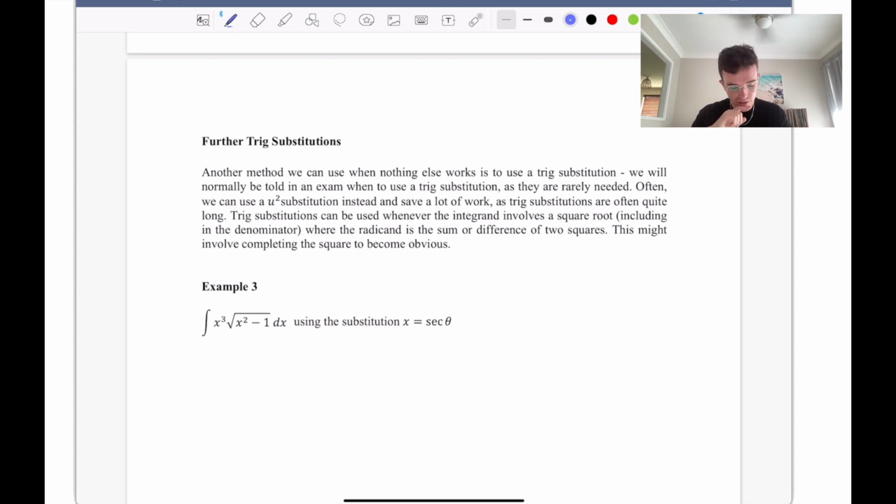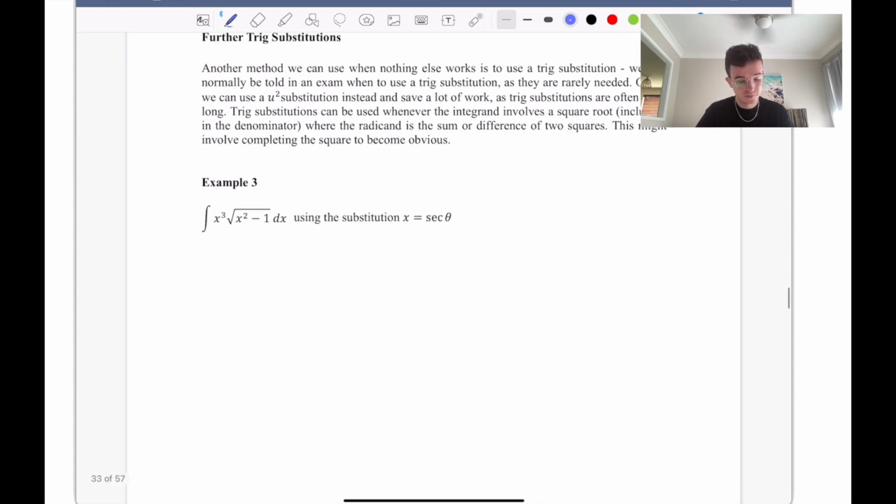Trig substitutions can be found whenever the integrand involves a square root, including the denominator, or when the radicand is the sum or difference of two squares. And this might involve completing the square to become quite obvious as well. And sometimes we also draw some right-angled triangles and have a bit of fun with that.